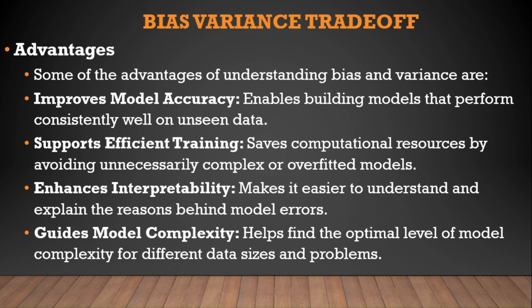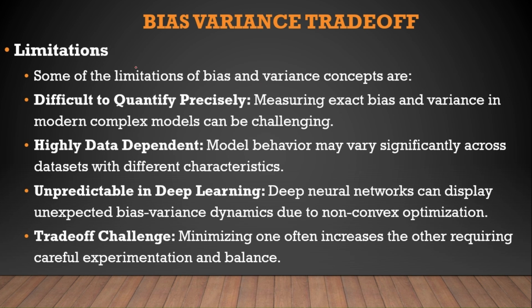What are the advantages of using bias and variance? Some of the advantages are: improve the model accuracy, support efficient training, enhance interpretability, and guide the model's complexity. So we can create an accurate model with the help of the bias-variance trade-off. What are the limitations?